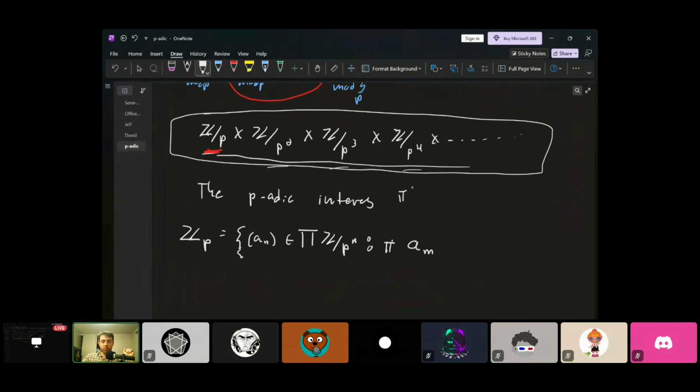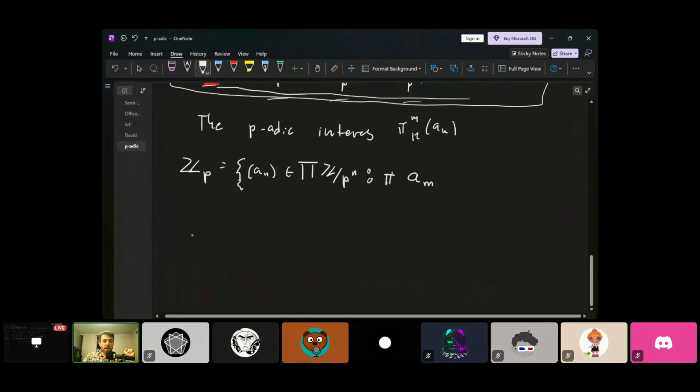By the projection map from m to k, I just mean the map that goes from the integers mod p to the m to the integers mod p to the k, that simply sends an element and reduces it mod p to the k. I'm assuming here that k is less than or equal to m.